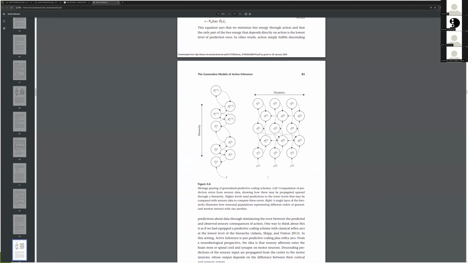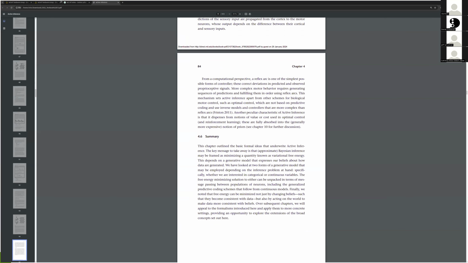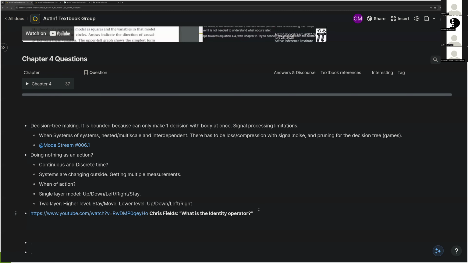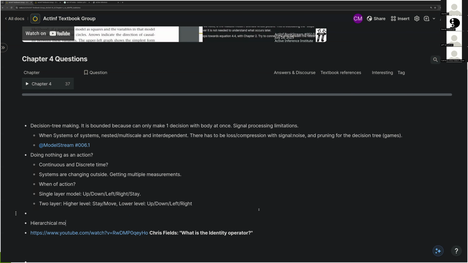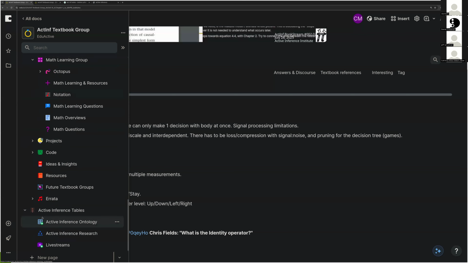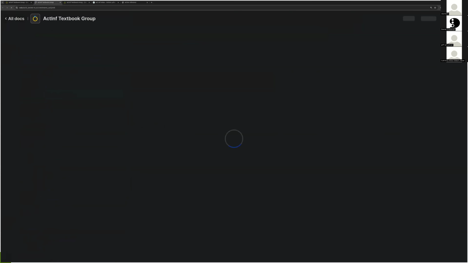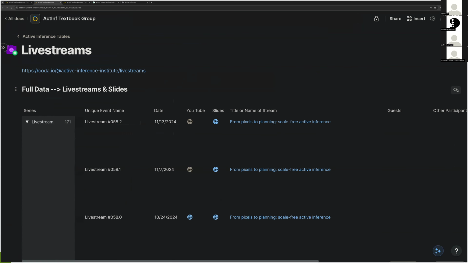Can you give me some examples or references, links to works that use a hierarchical model, please? Yeah, good question.